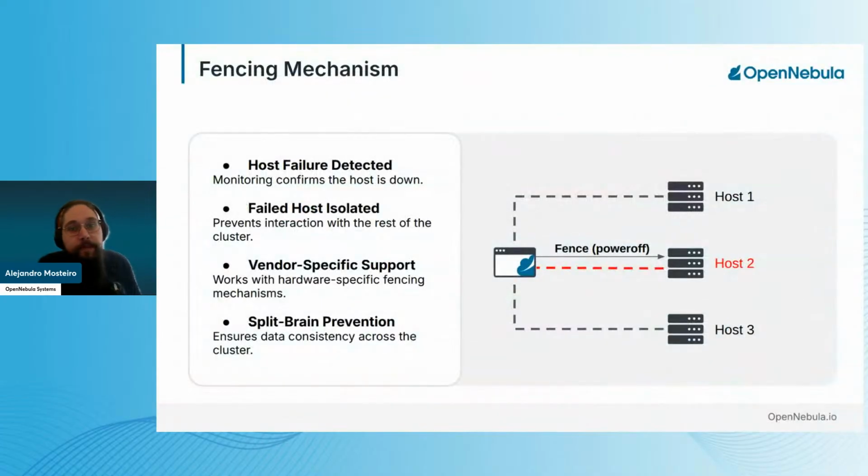Regarding the fencing mechanism, here we can see a basic diagram of what would happen. So here we can see that we have a front end monitoring several hosts, and when there's a failure detected, this means that the host goes to an error state during the monitoring cycles.